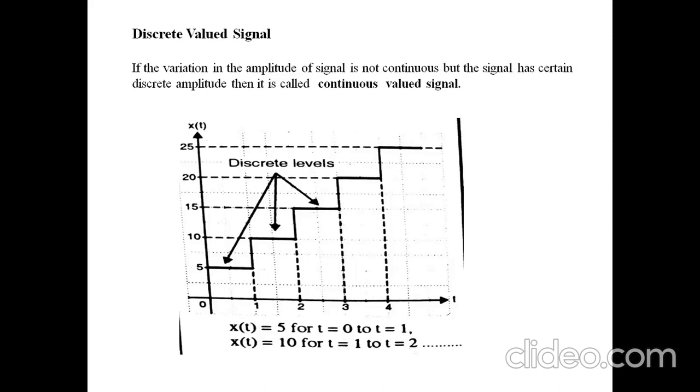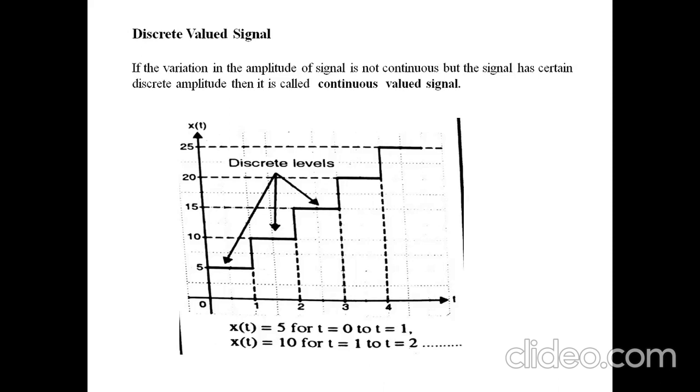Discrete valued signals are shown in this waveform. Between 0 to 1, its amplitude is 5. Between 1 to 2, its amplitude is 10. Between time period 2 to 3, its amplitude is 15.